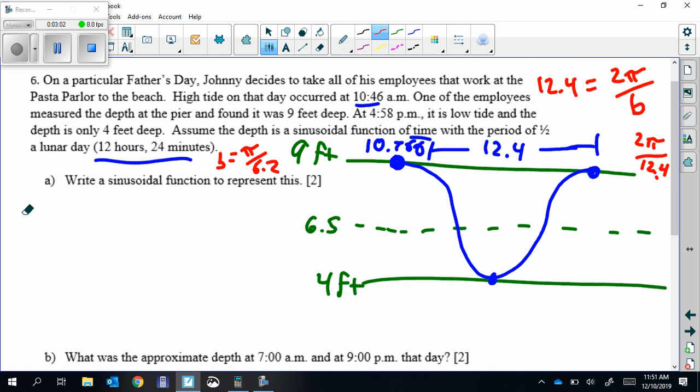So our equation is a positive cosine with an amplitude of 2.5. From 6.5 to 9, it's 2.5. So the amplitude is 2.5 and it's positive cosine.